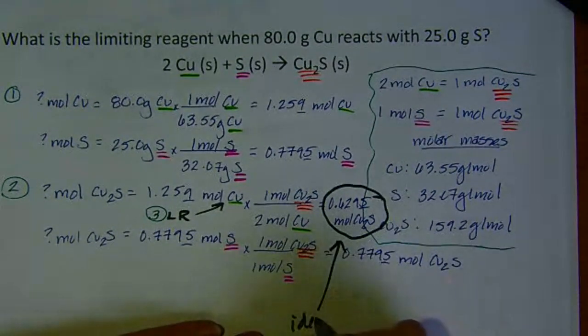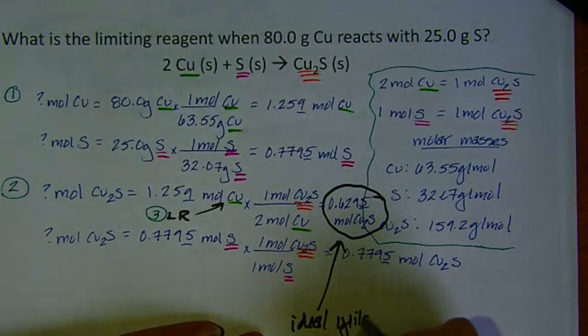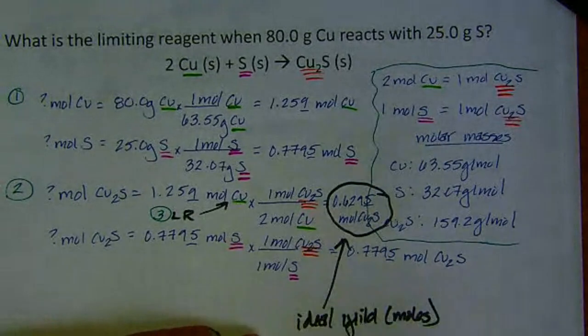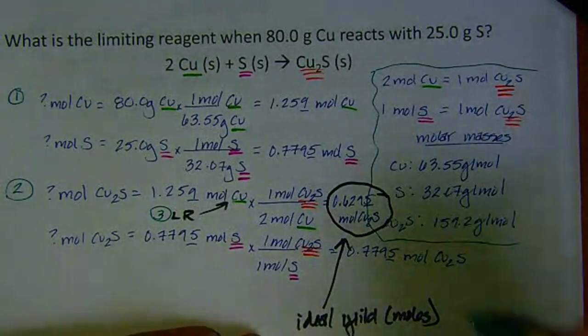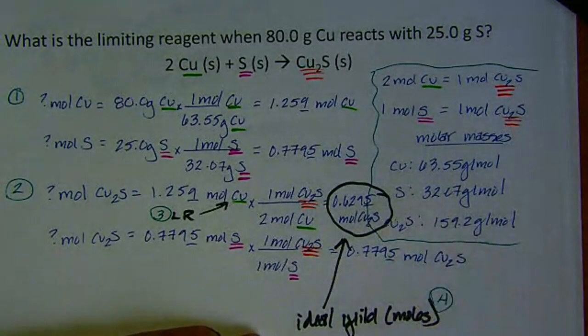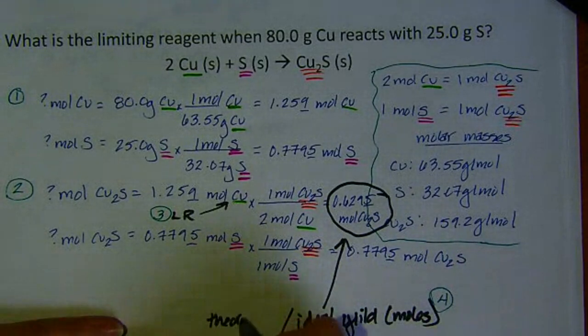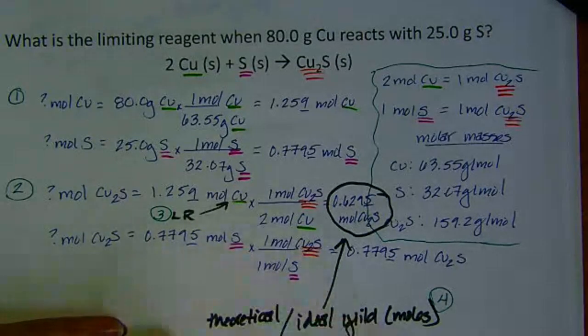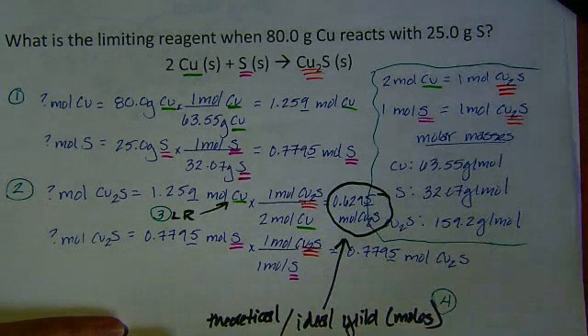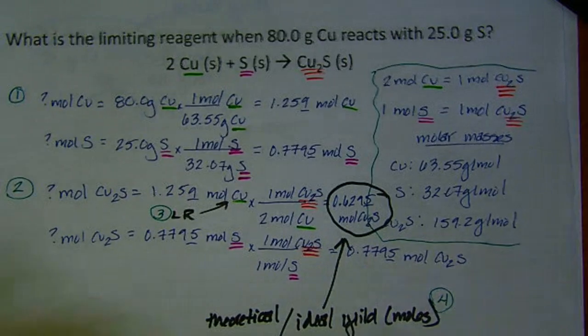This is our ideal yield in moles. Again, your ideal yield is the same thing as your theoretical yield. Those are just synonyms. Okay. So my ideal yield here, we found it in moles. We want to make sure that we have it in grams in order to compare it appropriately to our actual yield.